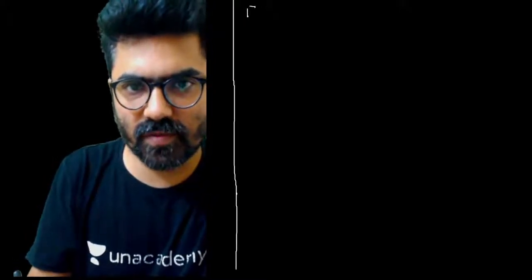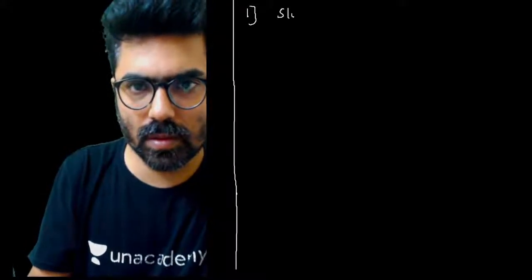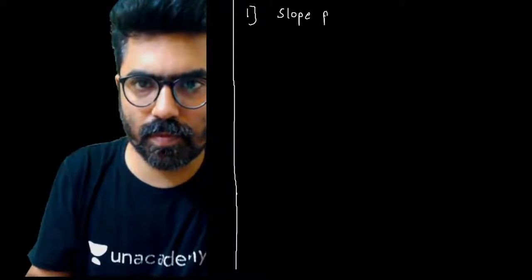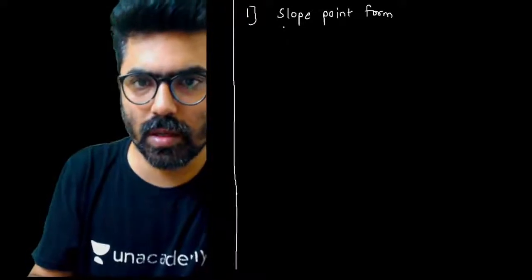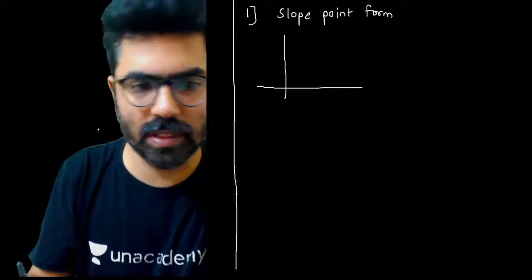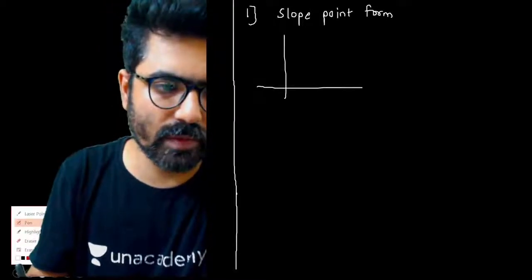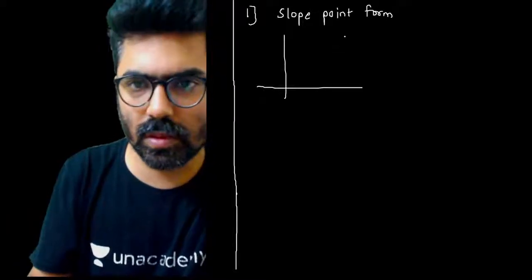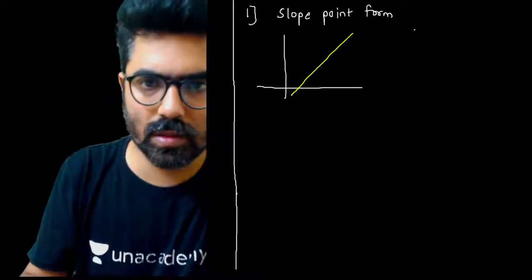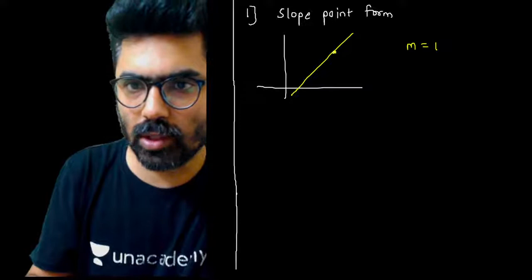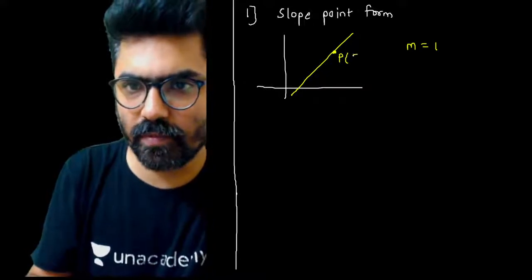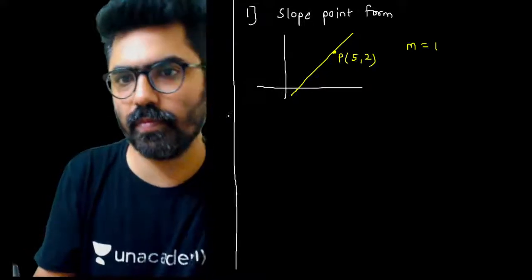So the first form is slope point form. In this, as the name suggests, the slope and a point will be given, through which the line passes. For example, slope is 1 and the point through which it passes is, let's say, P(5, 2).